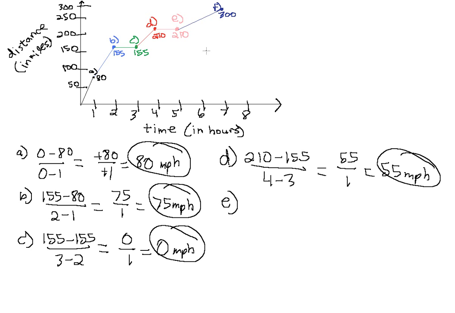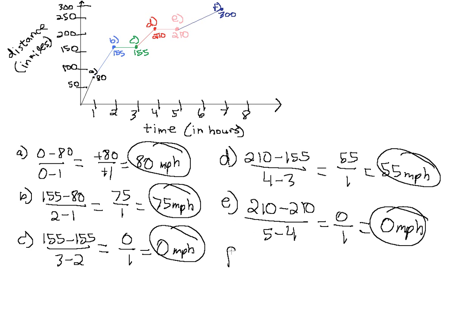Okay, let's find this pink section, E. Again, we have 210 minus 210, which is going to give us 0. We have 5 minus 4 in the denominator, so that's going to give us 0 over 1. So maybe he took another break. So we have 0 miles per hour. We didn't go anywhere in 1 hour.